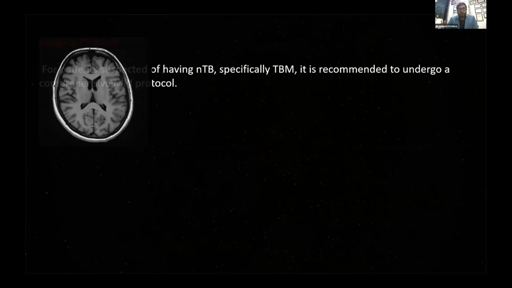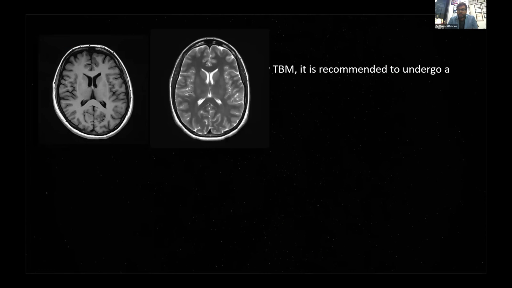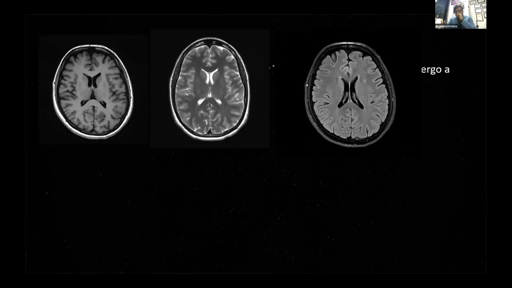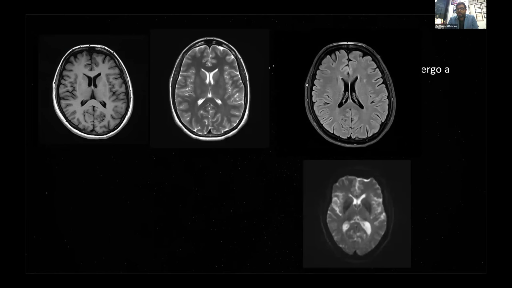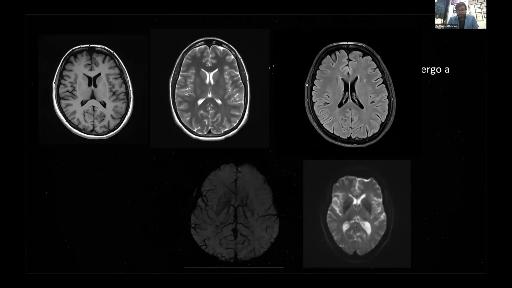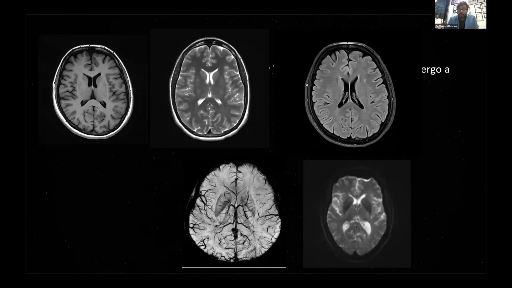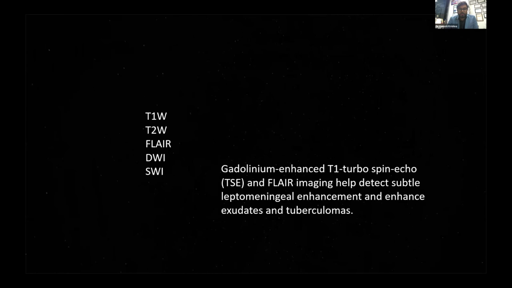In that, first is the T1 MRI. T1 is for the anatomy. T2 is for lesion characteristics and also the edema. FLAIR is to suppress the CSF signal. Most important in TB meningitis or TB abscess, ruling out a pyogenic abscess is done by diffusion. And SWI to rule out any hemorrhage.